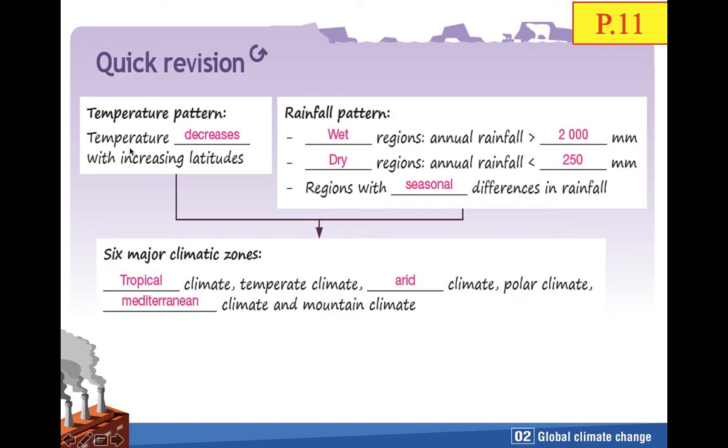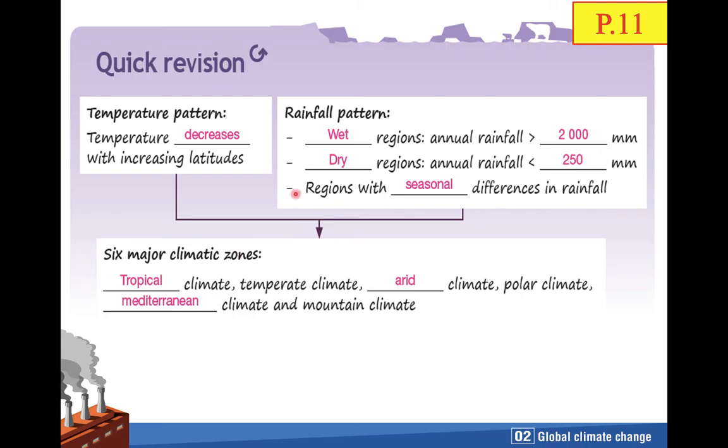Temperature pattern. Okay, you know that the global temperature pattern actually, let me use the laser, is a decreasing temperature with an increasing latitude. And for the rainfall we have some wet regions and dry regions. For the wet regions, that means the annual rainfall is over 2,000 mm. For the dry regions, that means the annual rainfall is under 250 mm.